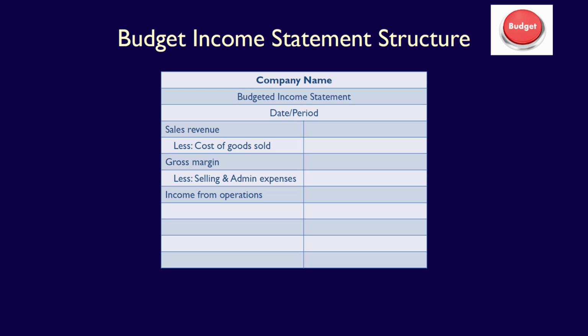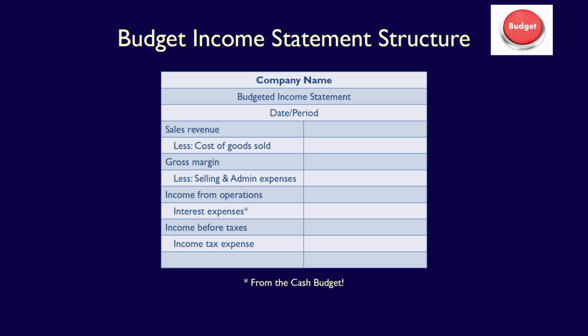We take the income from operations and we deduct the interest expense. In budgeting, where do we get the interest expense? We get it from the cash budget, which is a topic for a future video. However, it's still good for you to know now that interest expense in budgeting comes from the cash budget. Income from operations minus interest expense is equal to income before taxes, also called income before income taxes.